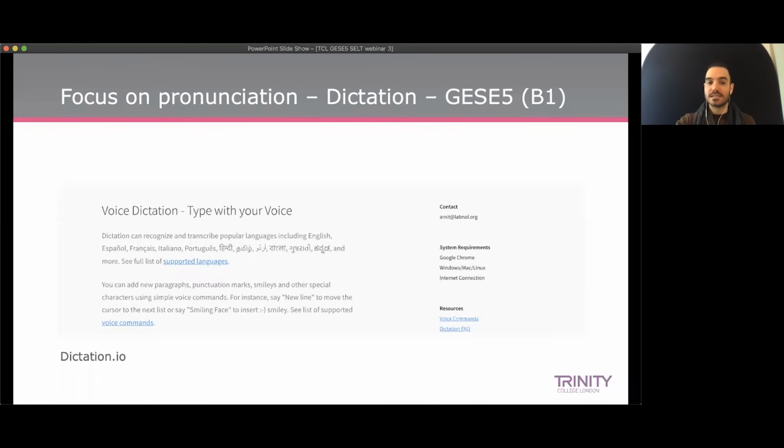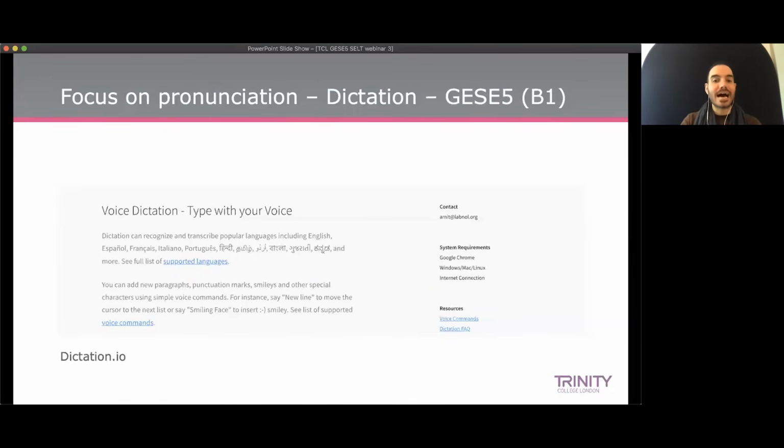Find a friend and do a role play: examiner, candidate, candidate, examiner. Record and then listen for errors. Listen for errors in grammar, in vocabulary. And now that you're more confident to talk about these subjects, it is important to focus on pronunciation as well.